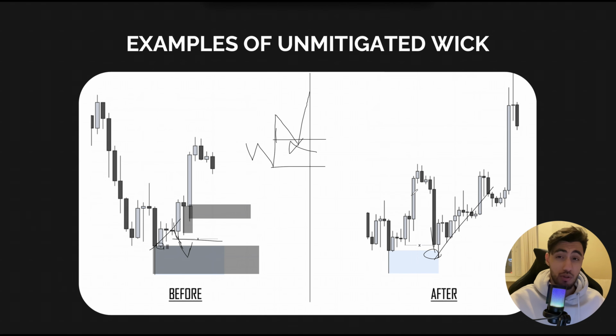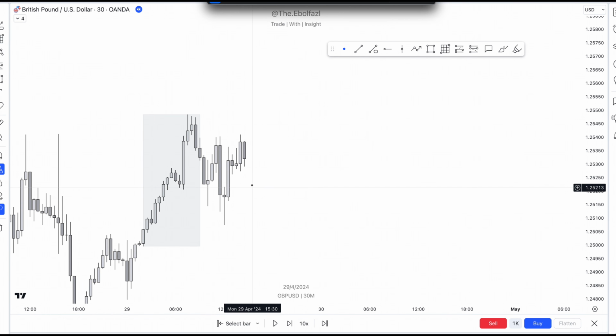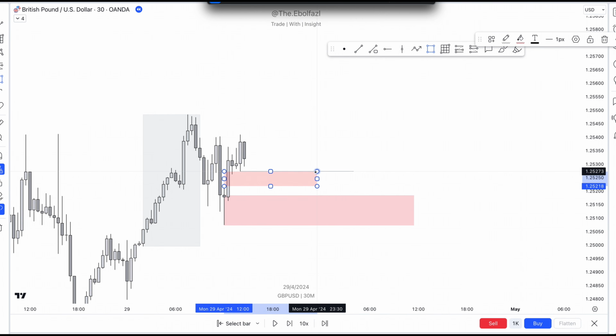So let's dive into the chart example. Let's take a look at this example. Okay, so what we have is a liquidity here that is formed. Sure, we have an order block, we have an imbalance here. But for sure, we are going to take 100% of the imbalance.